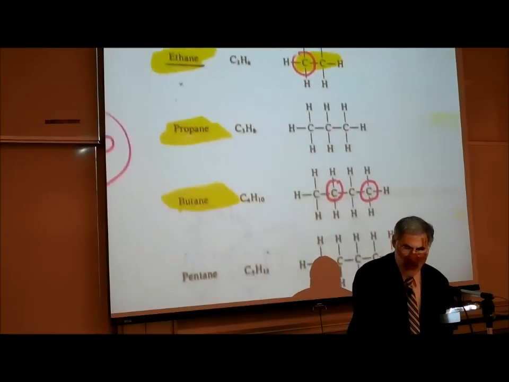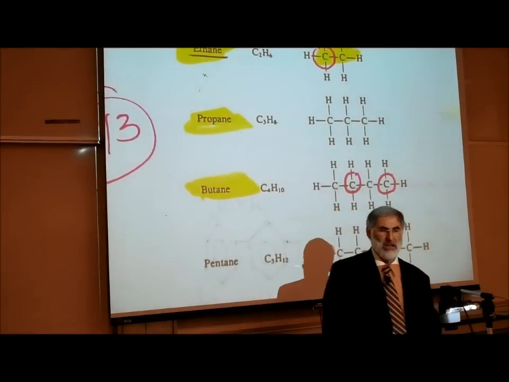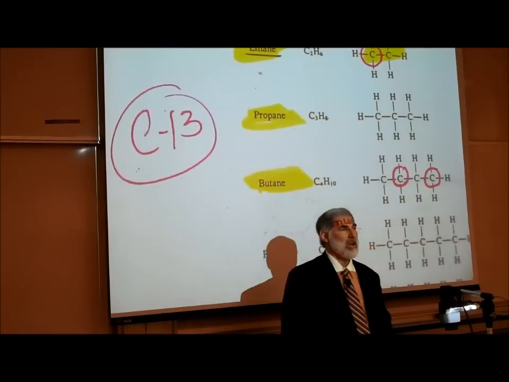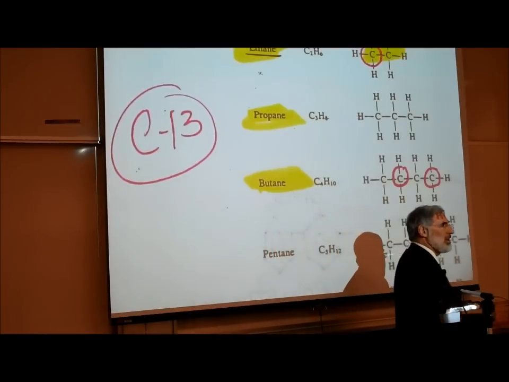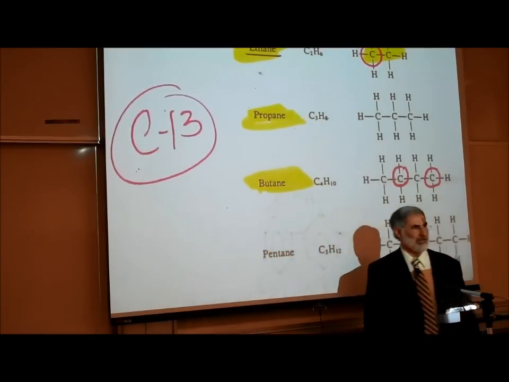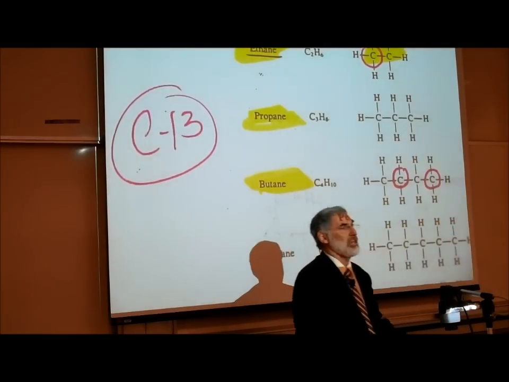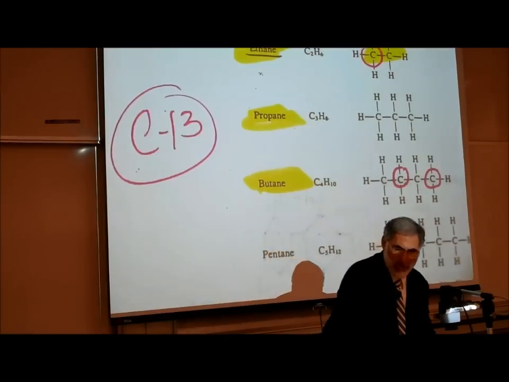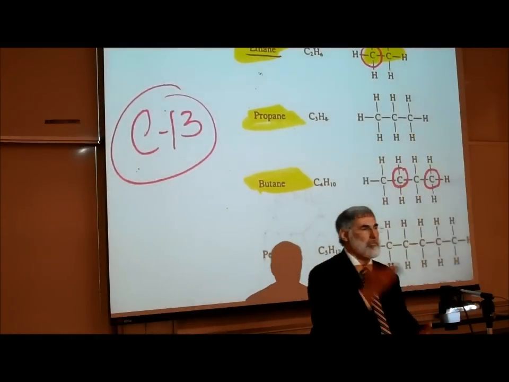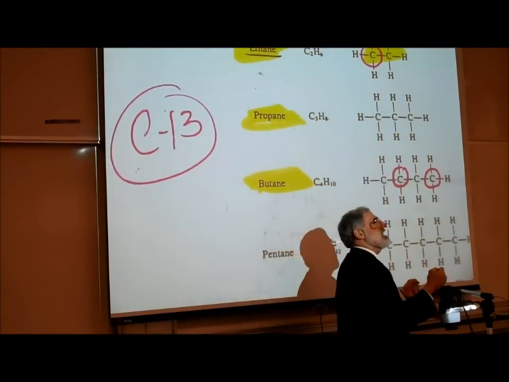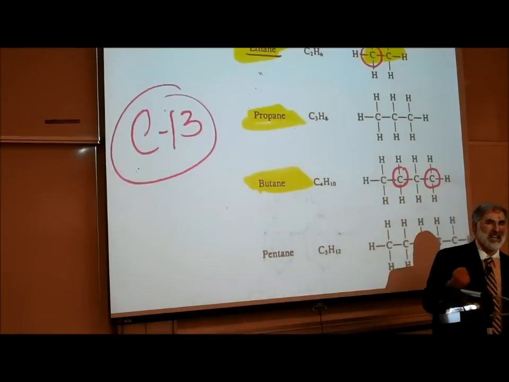Now, these can get longer. This is propane. Most of you have heard of propane. It's a fuel that's used to power your barbecue grills, right? All of these organic compounds contain stored energy. When you break these strong covalent bonds, they release energy.